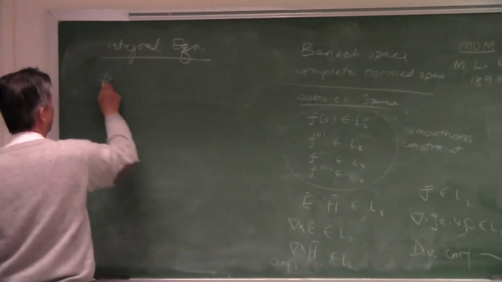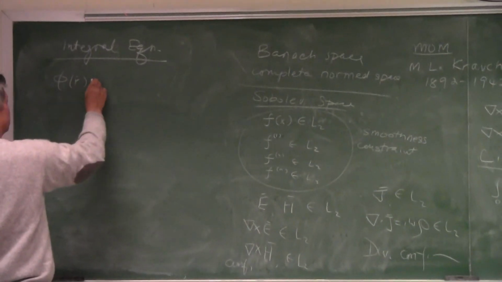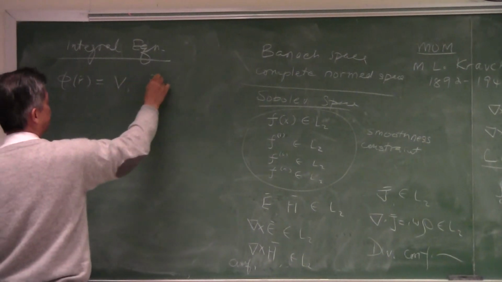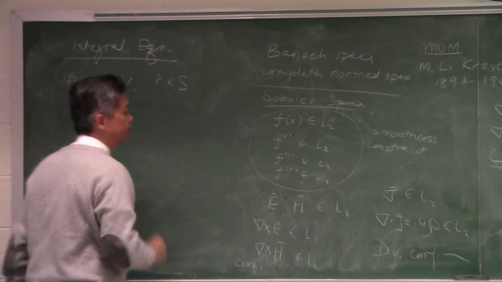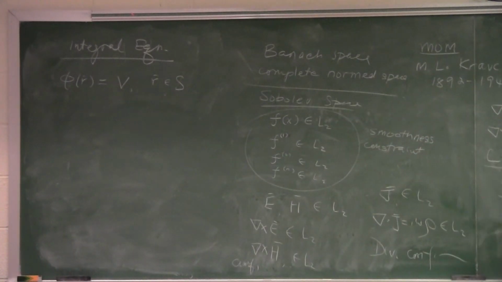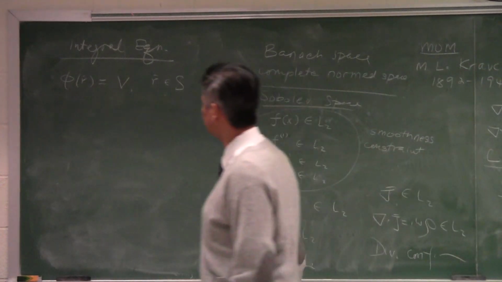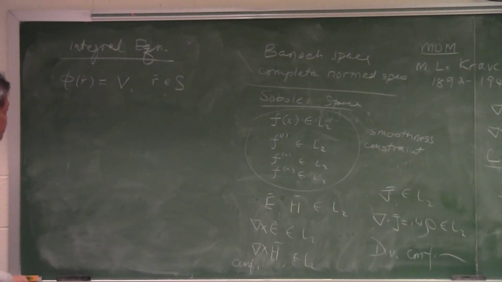I say that phi of r must be equal to V for r belonging to the surface area. Let's call this surface area S. This must be the boundary condition for that electrostatic problem.